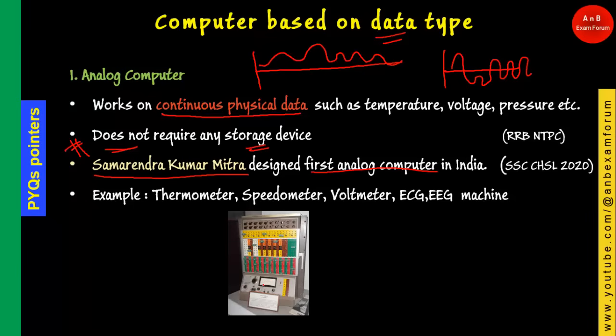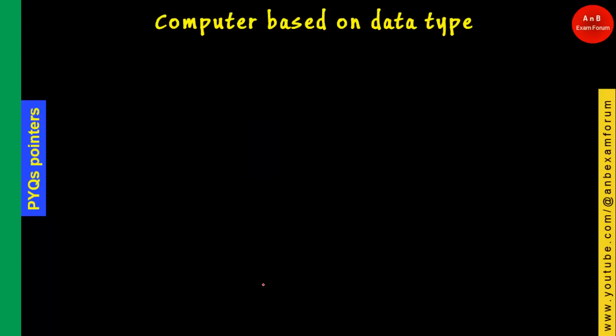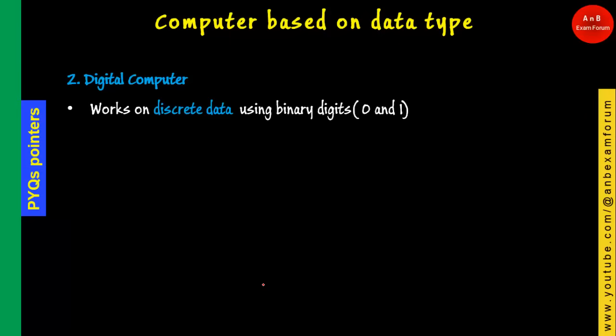Coming to the next type, that is the digital computer. In the case of an analog computer, the input is continuous physical data, but here it is discrete data. Discrete data means the data will be binary digits. Again, this discrete data is based on the analog input, but we are quantizing it, based on the voltage level itself.